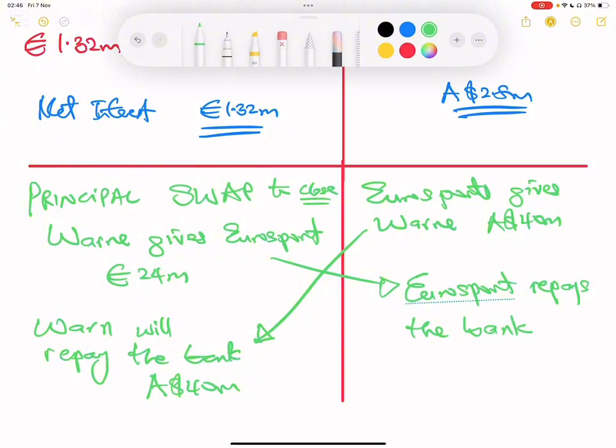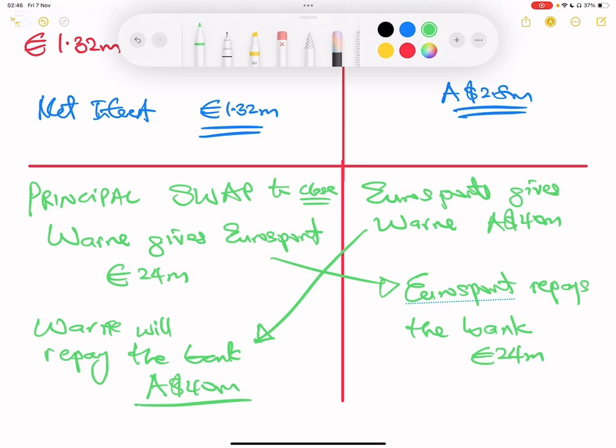And the whole thing is closed. So Eurosport will repay the bank 24 million, and one will repay the bank 40 million Australian dollars. And that is it. That is currency swap.